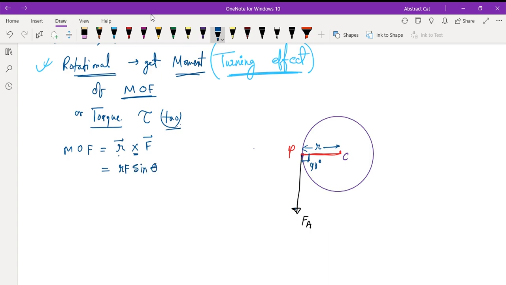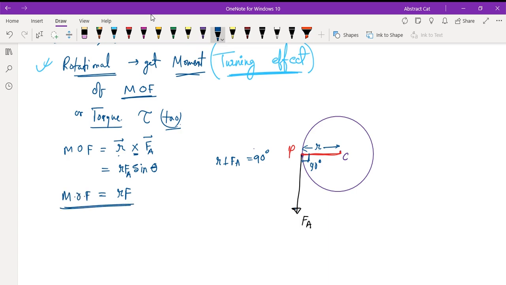What is theta? Theta is the angle between r and the applied force F_a. And you see that r and F_a are perpendicular. That is always true, 90 degrees. So we get sine 90 becomes 1, so rF or rF_a is the moment of force. So what is the moment of force?